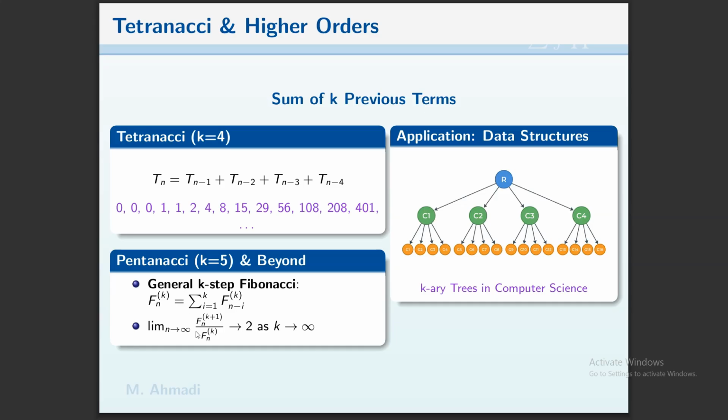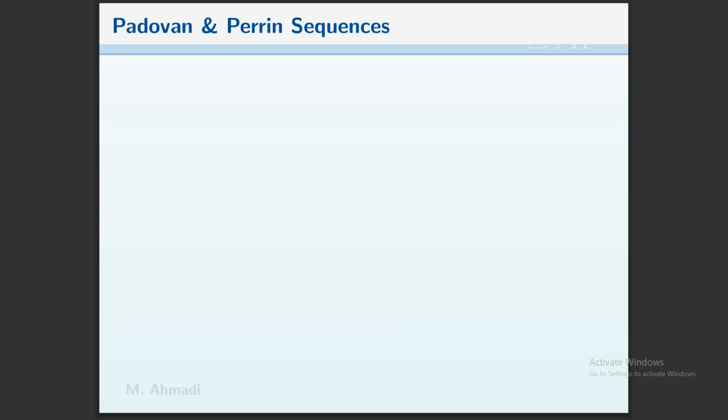And also the limit of Fn(k) plus 1 over Fn(k) when n goes to infinity is approximately equal to 2 as k goes to infinity also. Its application is in data structures. We can define the k-ary counter that is used in databases and retrieval systems.